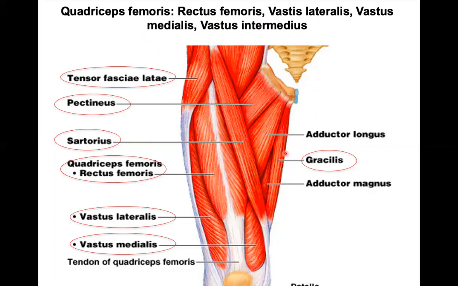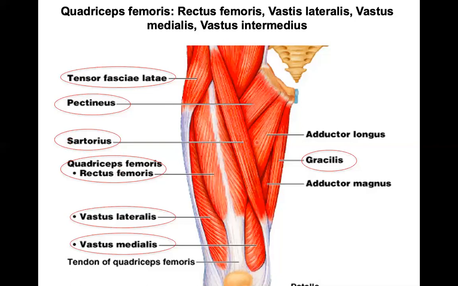On the medial aspect of the thigh, you have another parallel muscle that is called the gracilis, and another muscle that starts from the lateral aspect of the thigh and goes into the medial aspect of the knee. This is a relatively thin muscle called the sartorius.